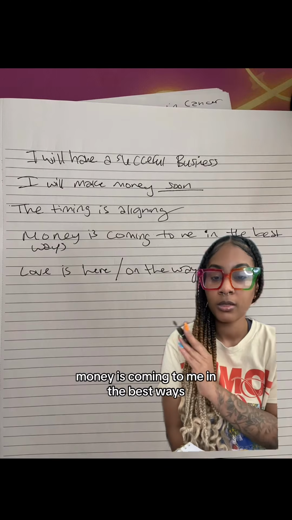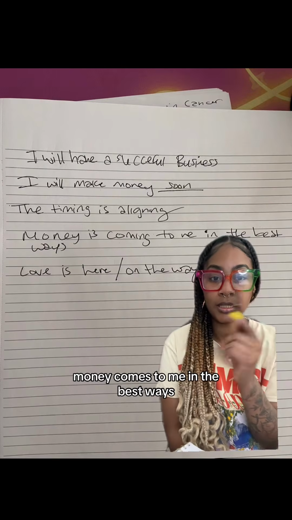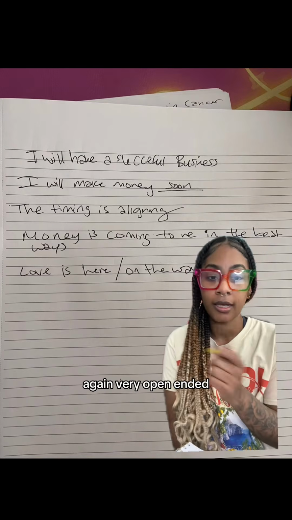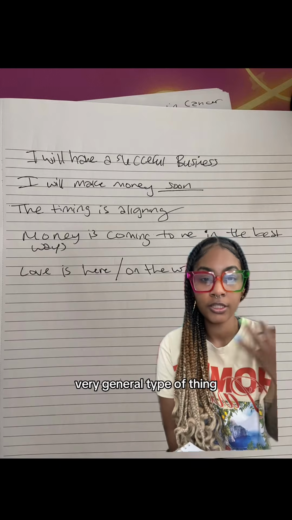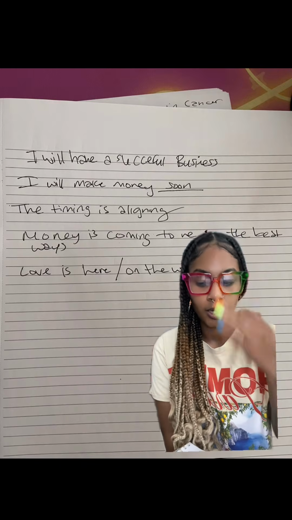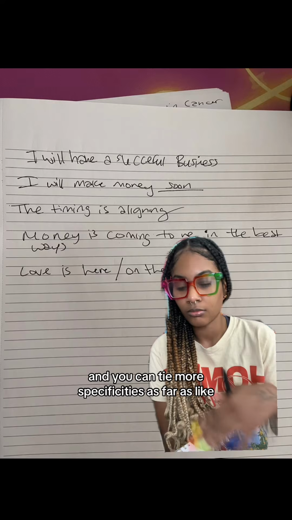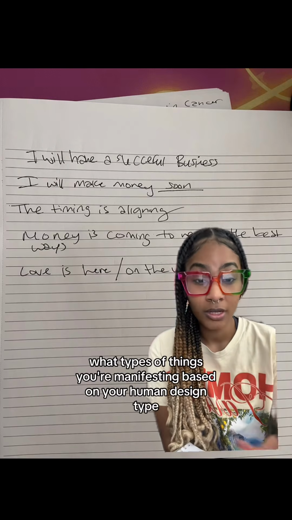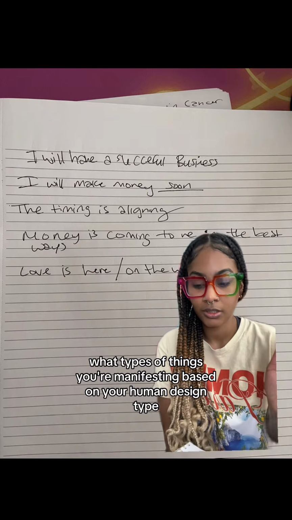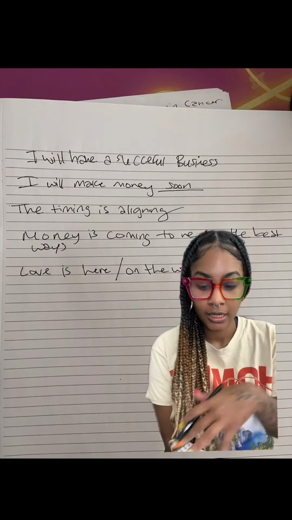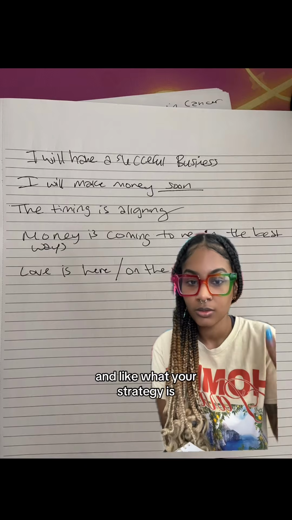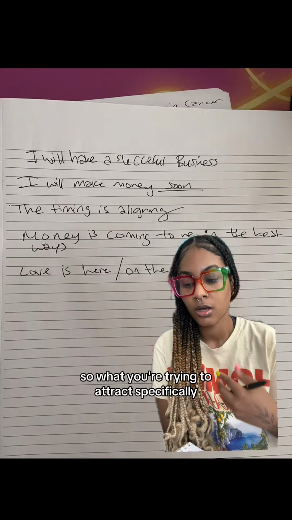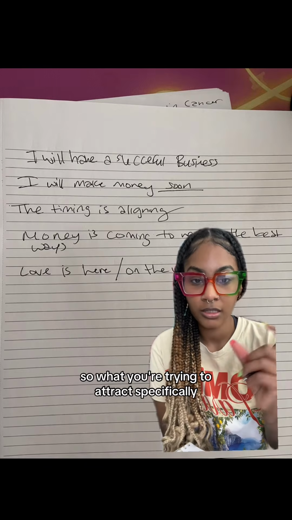So yeah, money is coming to me in the best ways. Money comes to me in the best ways, whichever one. Love is here. Love is on the way. Again, very open-ended, very general type of thing. And you can tie more specificities as far as what types of things you're manifesting based on your human design type, and what your strategy is, what your signature theme is, to focus on the feelings more so, what you're trying to attract specifically.